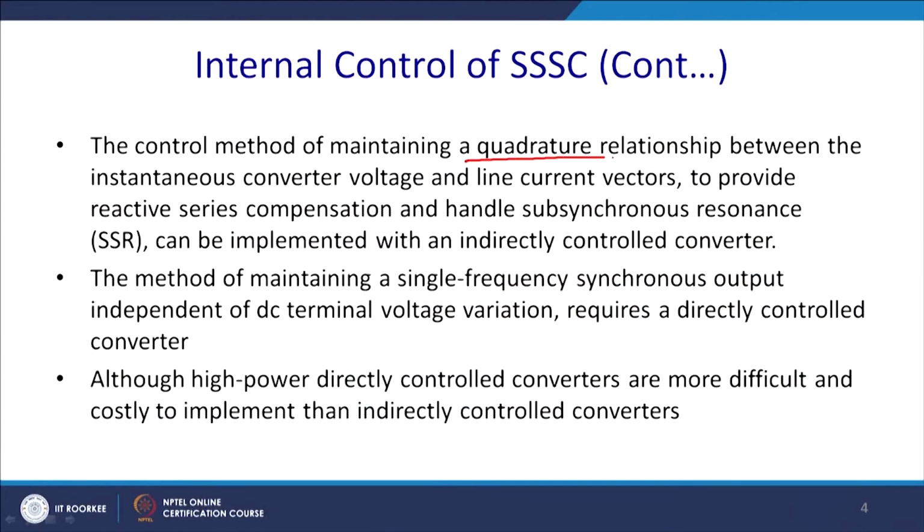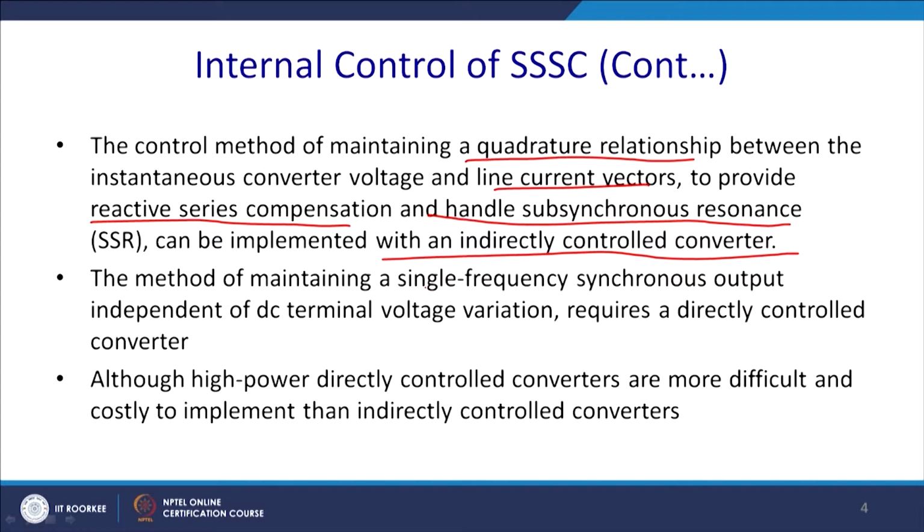The control method of maintaining a quadrature relationship between the instantaneous converter voltage and the line current vector to provide the reactive series compensation and handle subsynchronous resonance or SSR can be implemented with an indirectly controlled converter. So, you can just control the phase angle, and the rest will be taken care of by the DC bus voltage.